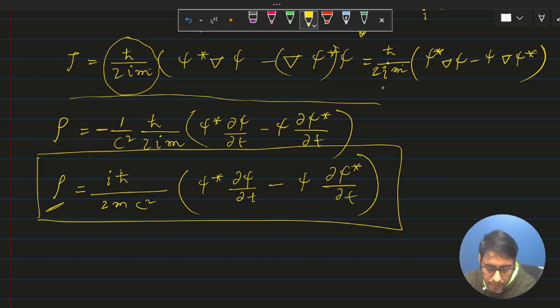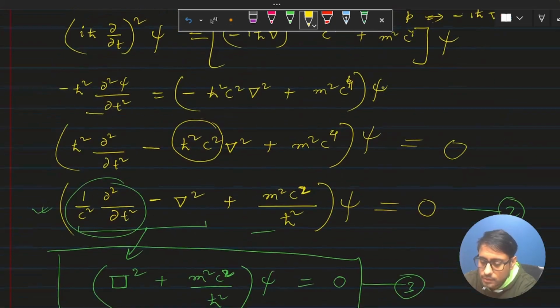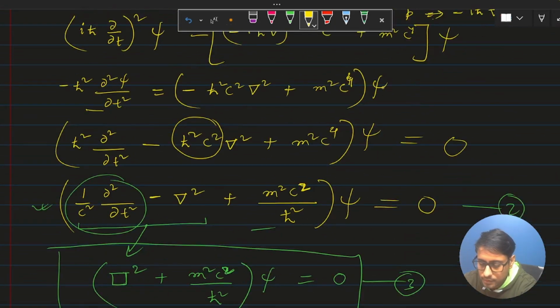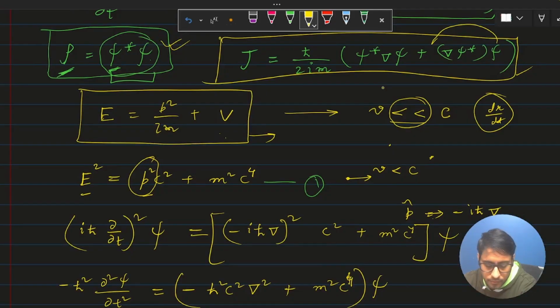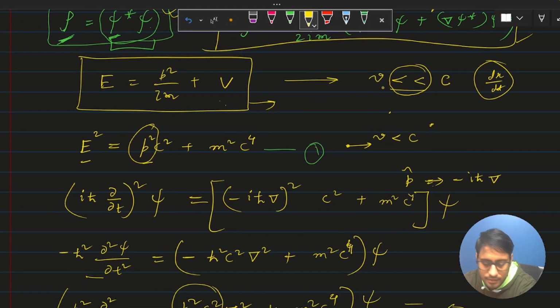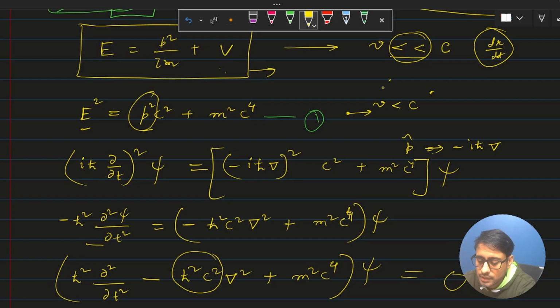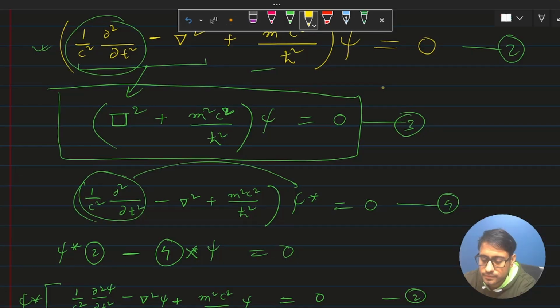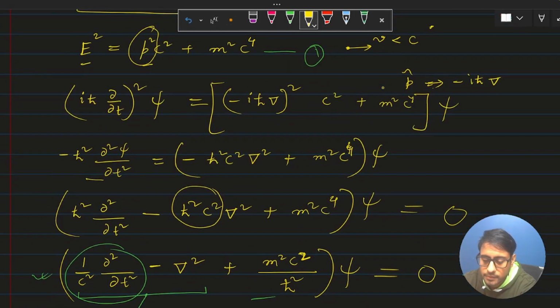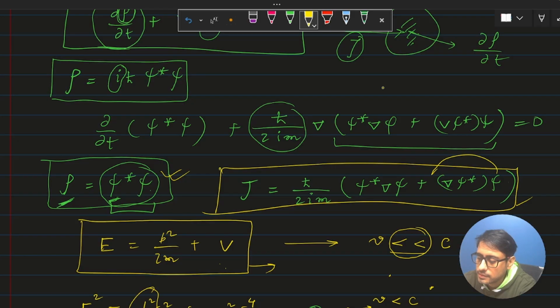But when we compare the charge or the rho for the Schrödinger's equation for the non-relativistic case, we see that this is j and this is the rho. The rho is basically a real value, giving you a positive value.